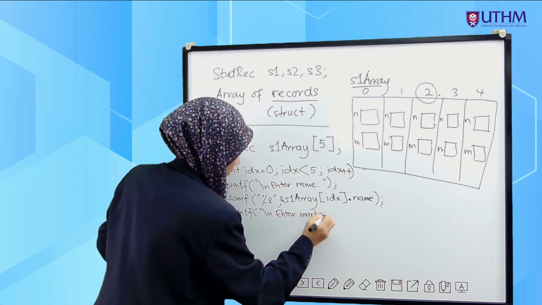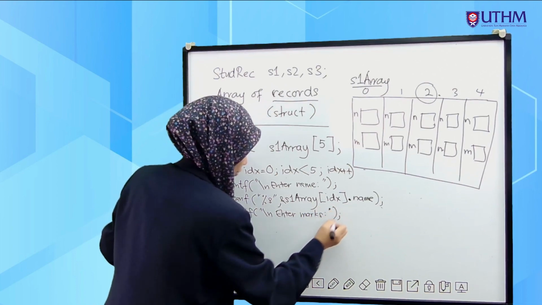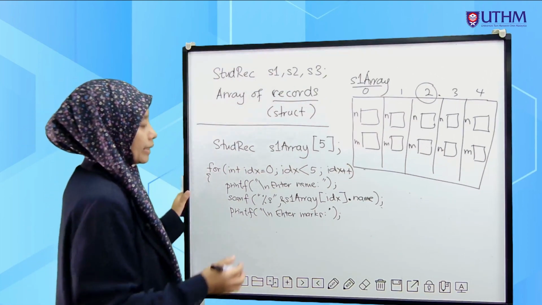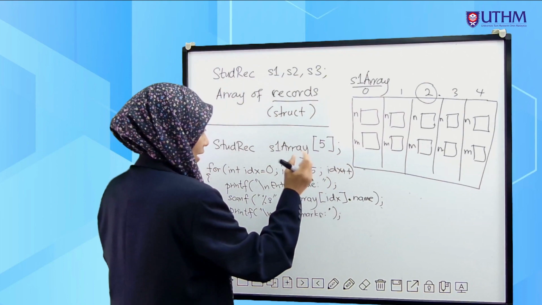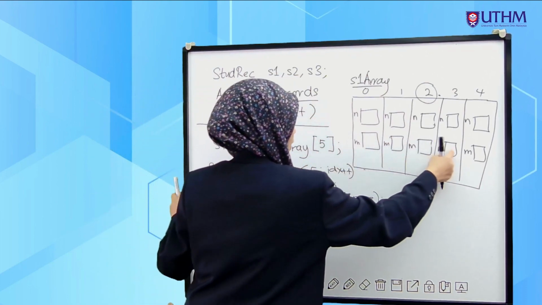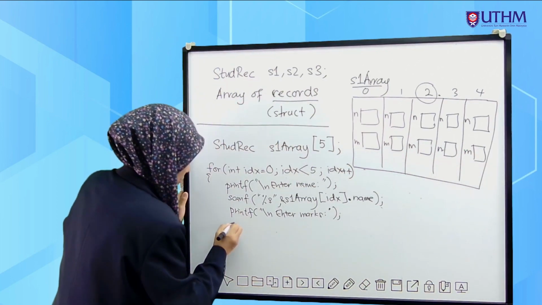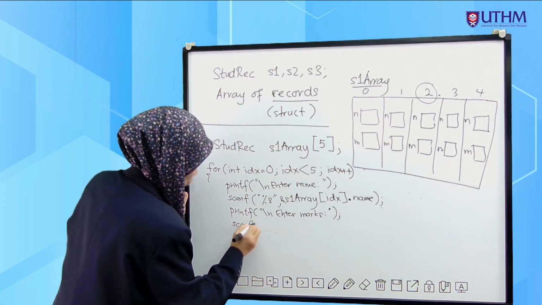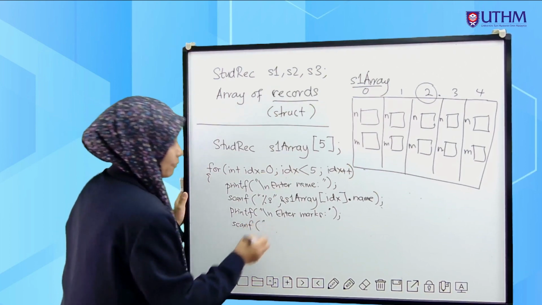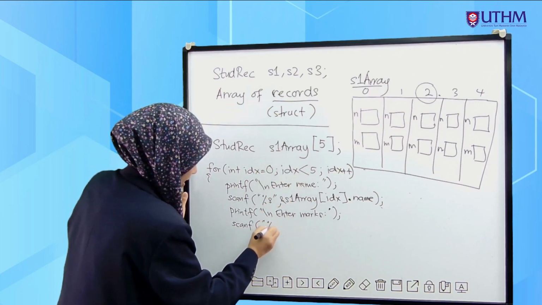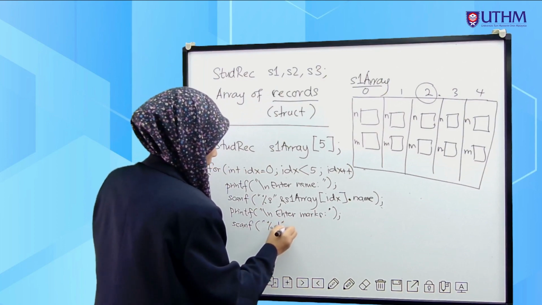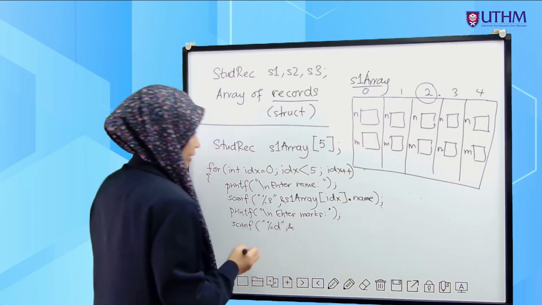Now we are going to ask the user to enter another input, that is for the marks. So we will have this prompt message on the output screen asking the user to enter the marks. Then when the user enters the value for the marks, we are going to read the value into the field member using the scanf statement. The data type for each mark is definitely integer, so that should be %d, close, comma, address operator.